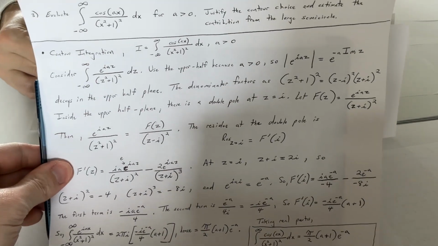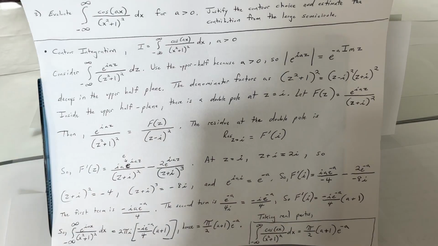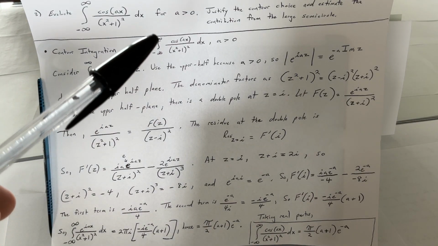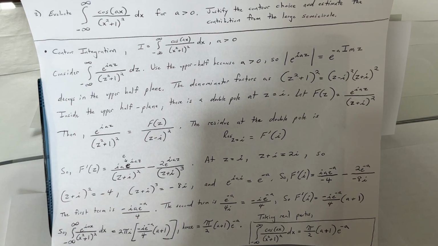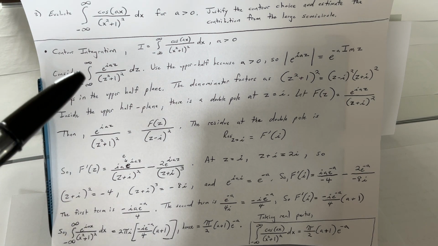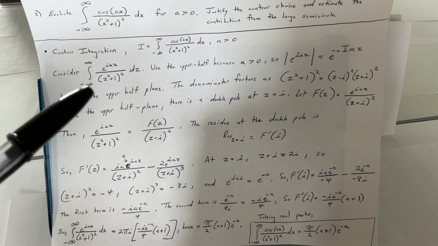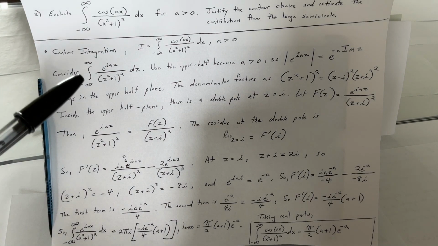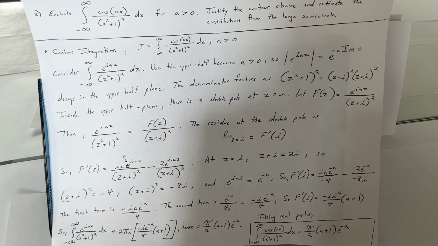So contour integration here, I know it's written a little differently. I equals the integral from negative infinity to infinity of cosine of ax over the quantity x squared plus 1, squared, dx, where a is greater than 0. So we're going to consider the integral from negative infinity to infinity of e to the iaz over the quantity z squared plus 1, squared, dz.